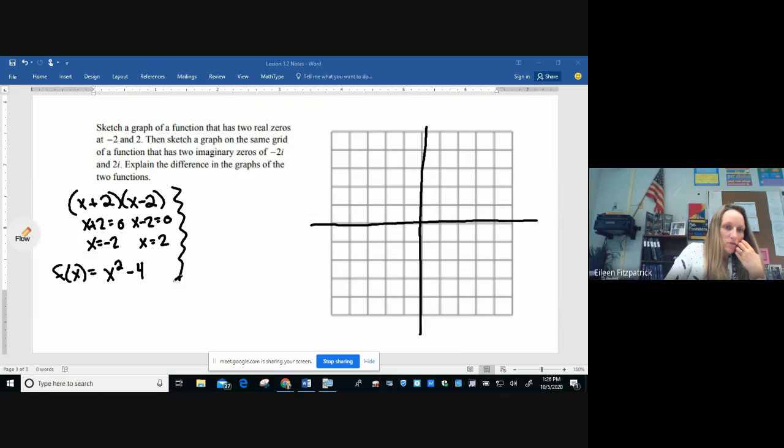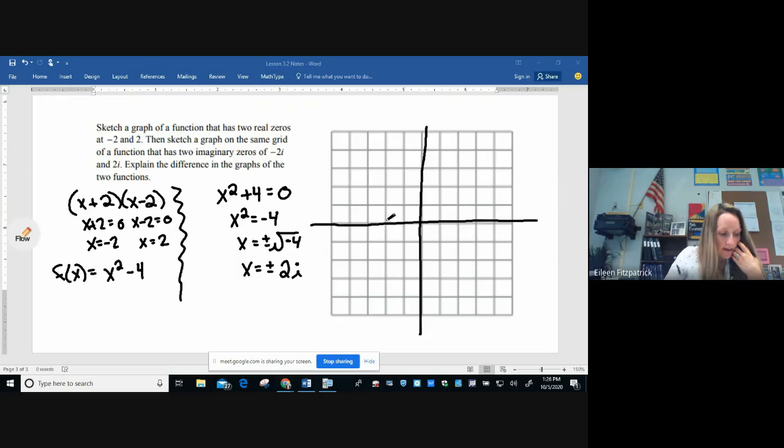If I have 2 zeros that are not real, let's say I had x squared plus 4 as the function. If I set that equal to 0, I have x squared equals -4. That would be x is equal to plus minus the square root of -4, which would give you your 2 answers of 2i.